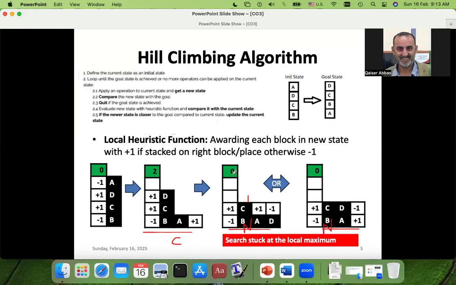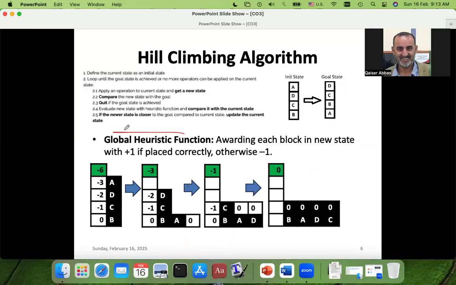I'm comparing, and new is not giving us an improvement with respect to current. When this condition holds, you will have to go out of your algorithm according to hill climbing. You can also compare with this one. No improvement. Okay, go out of this algorithm. So this is the execution according to the local heuristic function. Now, the global heuristic function.